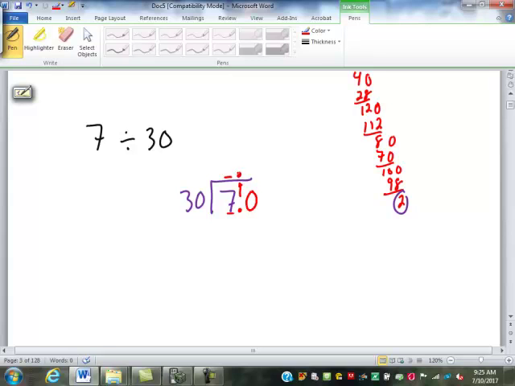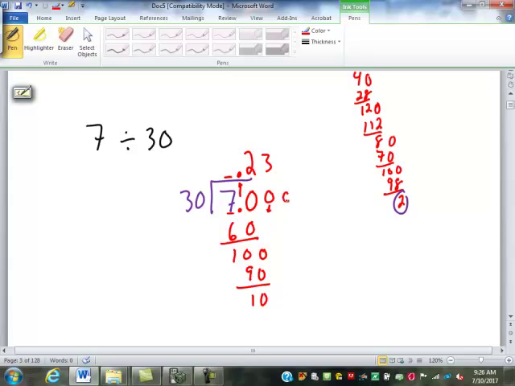My decimal point has to go straight up. 30 does go into 70 twice. 2 times 30 is 60. Leaves me with 10. I can add another 0. 30 goes into 100, 3 times 30 is 90.